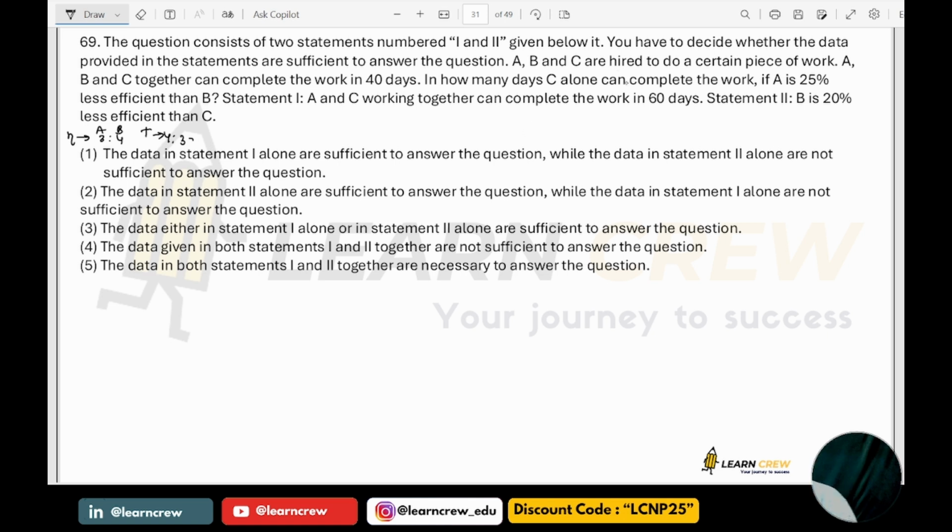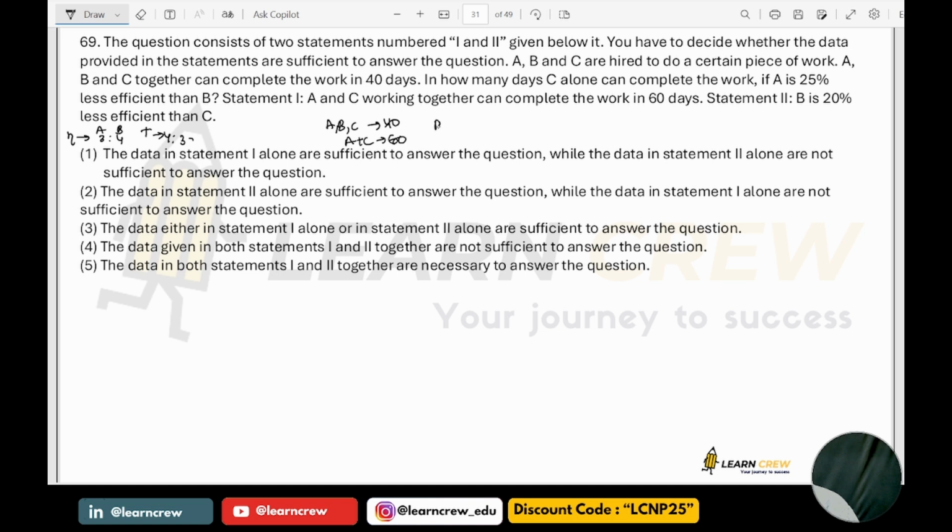Now A, B, C can complete the work in 40 days. In how many days can C alone complete the work? First statement: A and C working together can complete the work in 60 days. A, B, C take 40, A, C take 60.